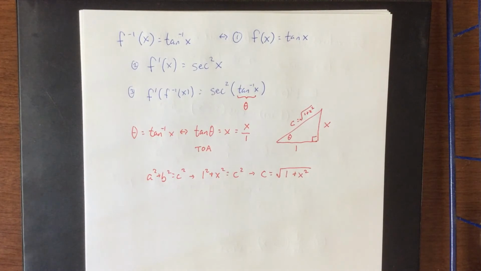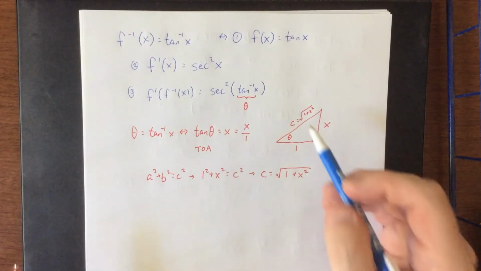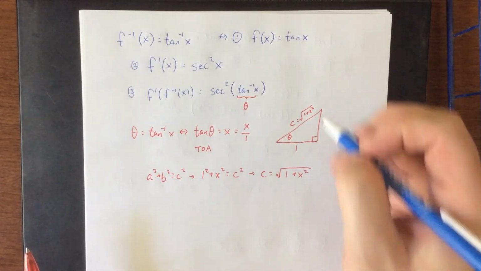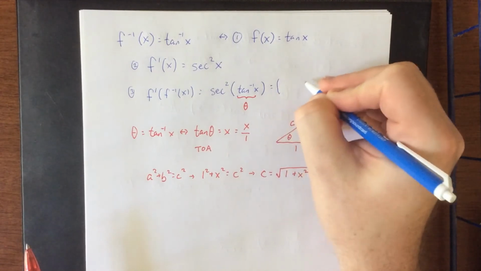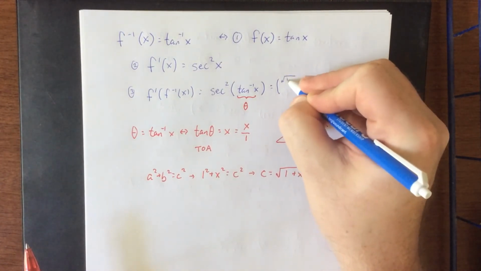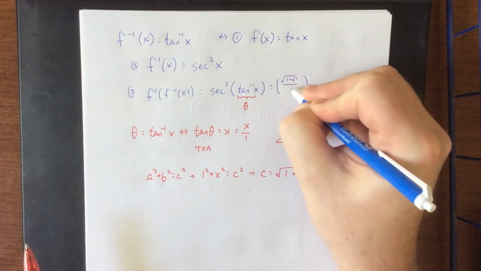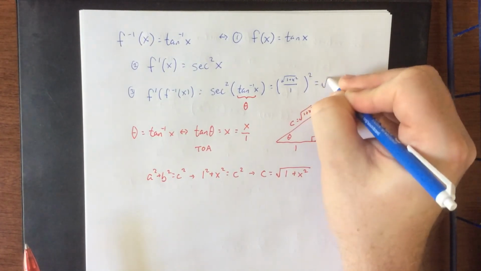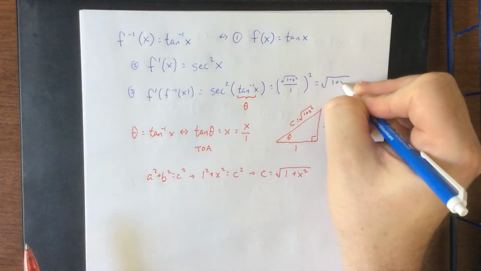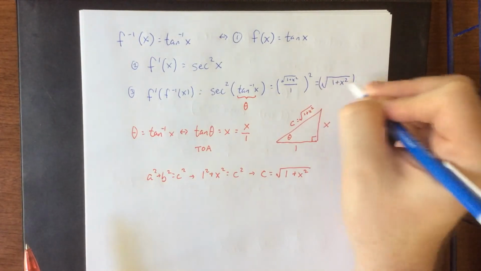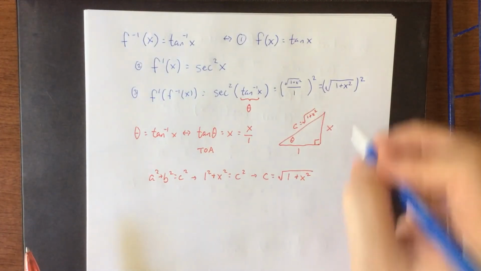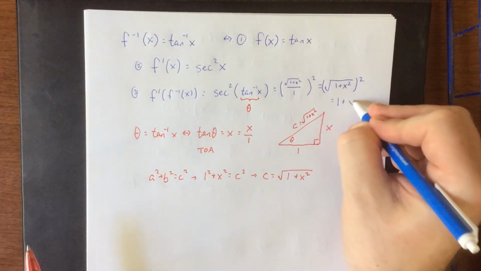Now we are interested in finding the secant squared of this thing. Now the secant squared would be the hypotenuse squared over the adjacent squared. Or we could just say hypotenuse over adjacent and then square the result. So this will be square root of 1 plus x squared, quantity squared, or equivalently just 1 plus x squared.